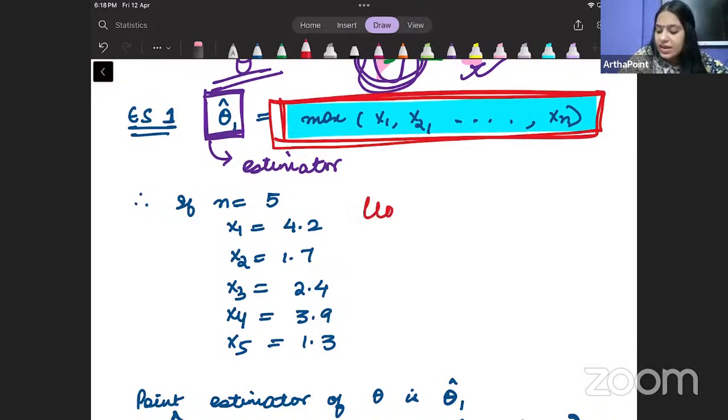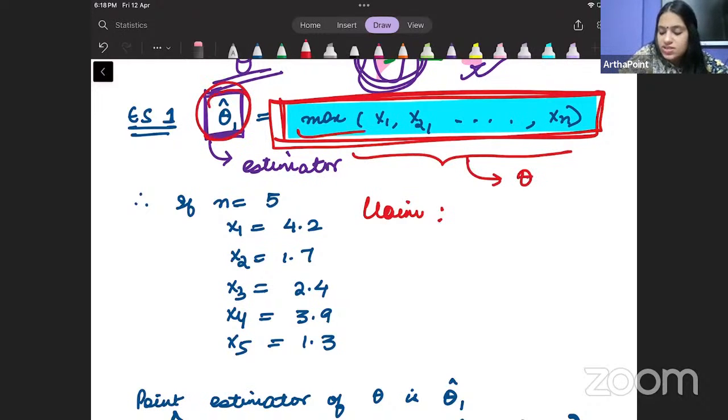Now, my claim is that if I use this formula to estimate theta, if I go ahead and use this technique to estimate theta, then my claim is that it would be a biased estimator.